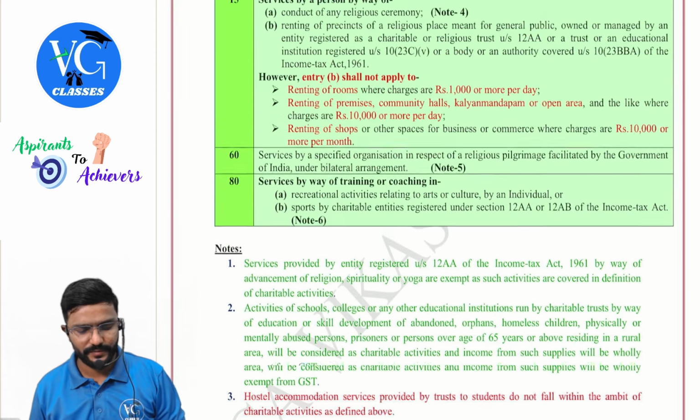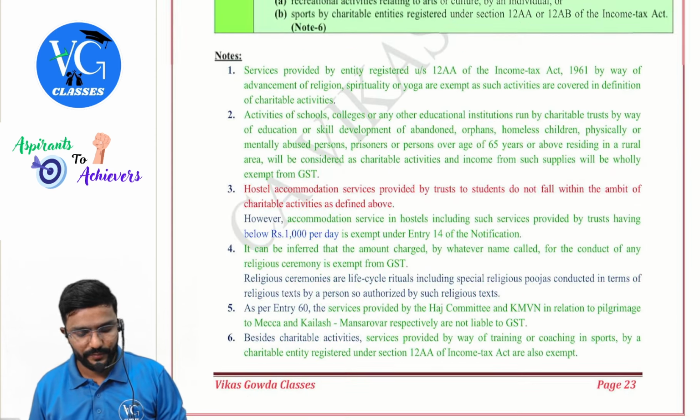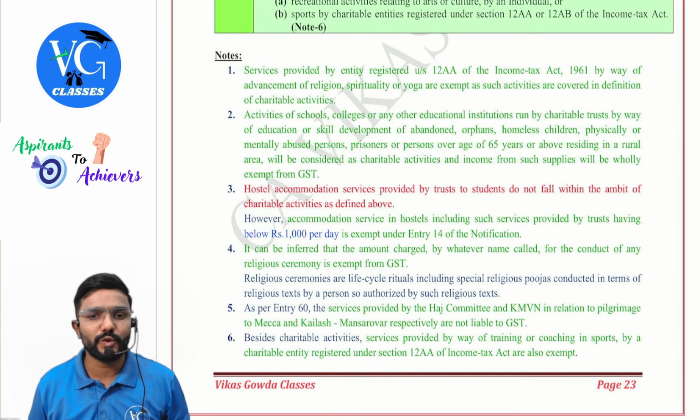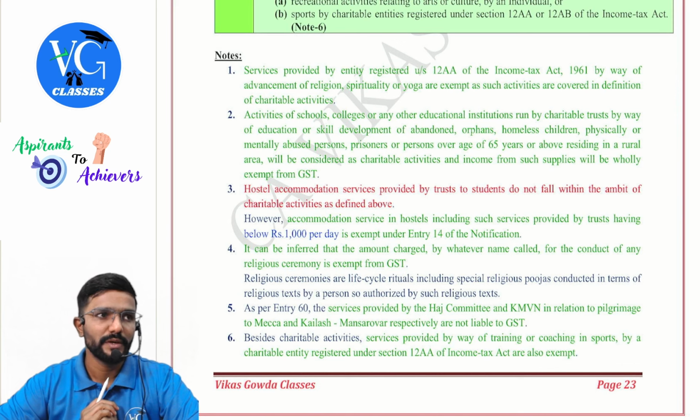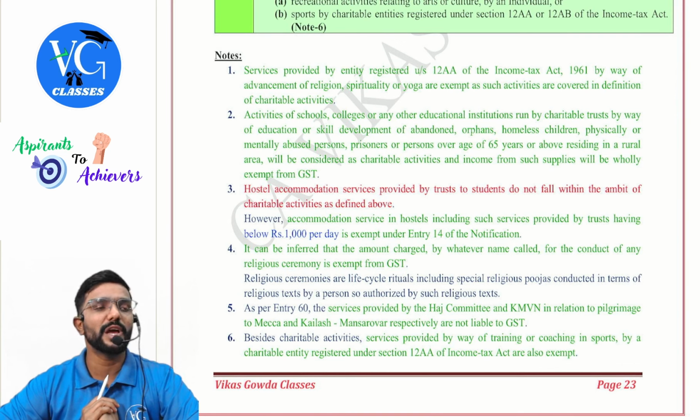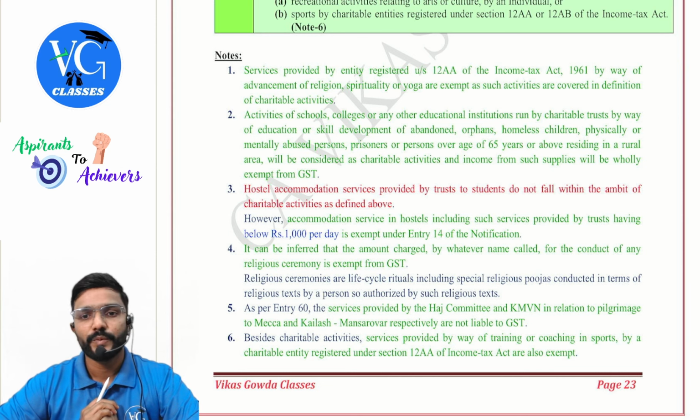Any religion, okay? Next, second note. Activities of schools, colleges, or any other educational institution run by a charitable trust. Please be careful, the charitable trust has to be registered as per what? 12AA of Income Tax. By way of education or skill development of abandoned, orphans, homeless children, physically or mentally abused persons, prisoners, or persons over the age of 65 years or above, residing in rural area.